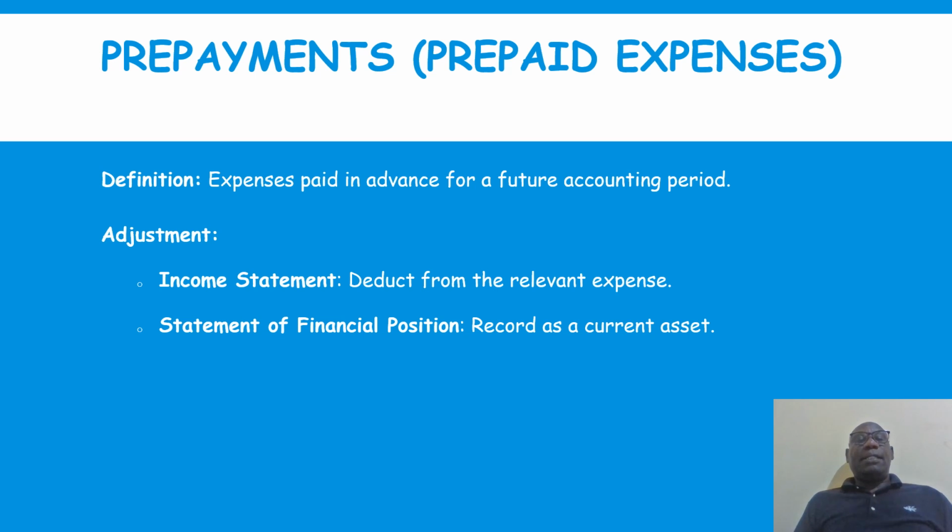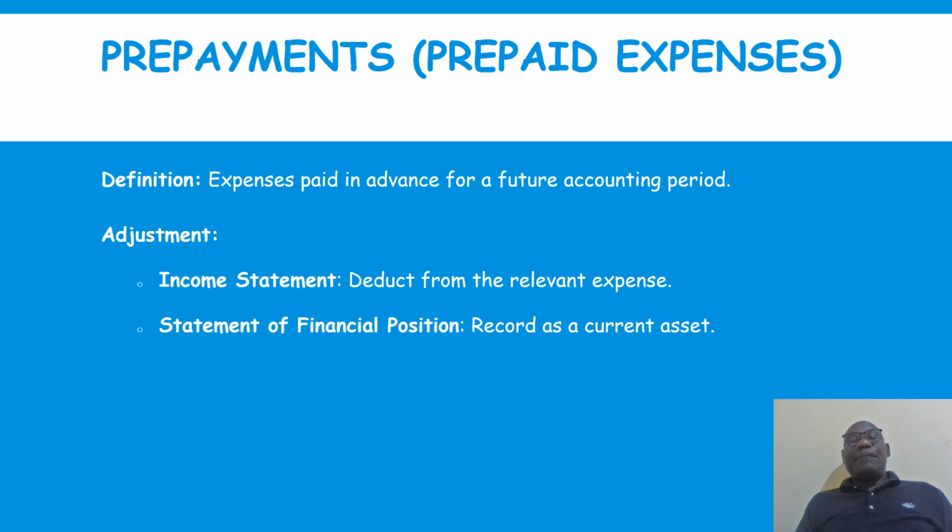Prepaid expenses are those expenses which are paid in advance for a future accounting period. Now, if that is the case, it is important that we look at the manner in which such expenses can be adjusted for. So, the adjustment is basically twofold.